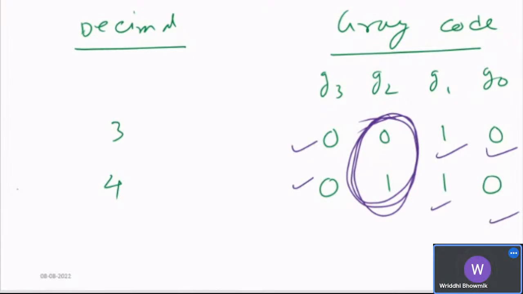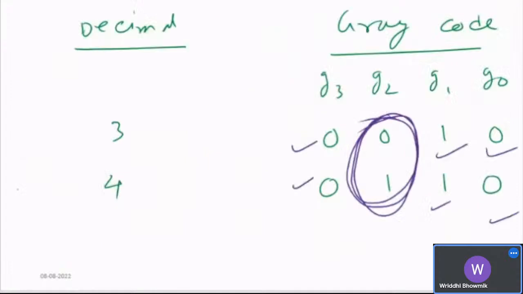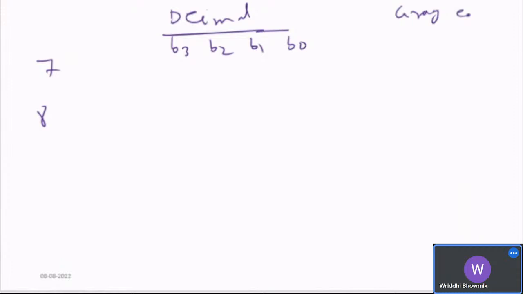Now we will see, and also if you see 7 and 8, then also you can understand the same thing. You just take 7 and 8. In case of decimal, B3, B2, B1, B0, and in case of gray code, G3, G2, G1, and G0.